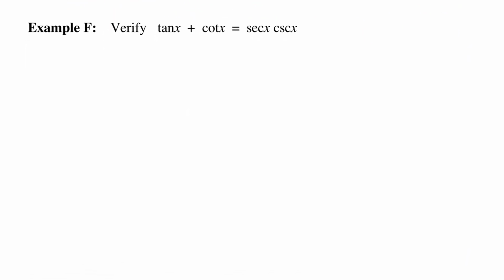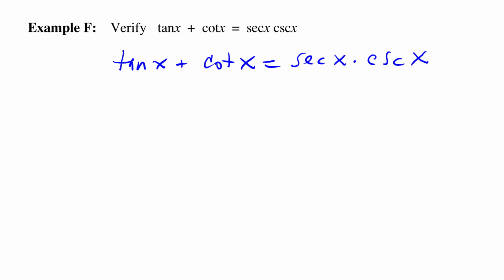In this example, we have tangent x plus cotangent x equals secant x times cosecant x. It's hard to know which side to start, but I guess we'll start on the left with the addition. So tangent is sine over cosine, and cotangent is cosine over sine.